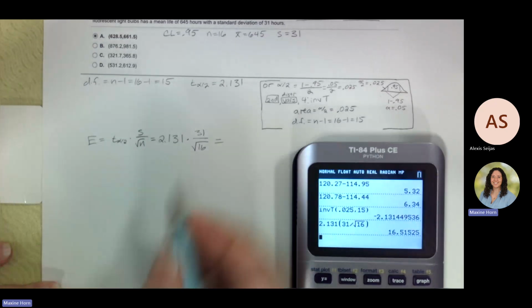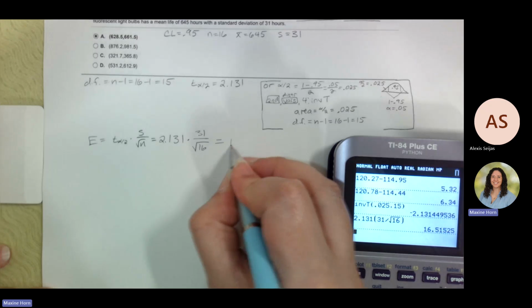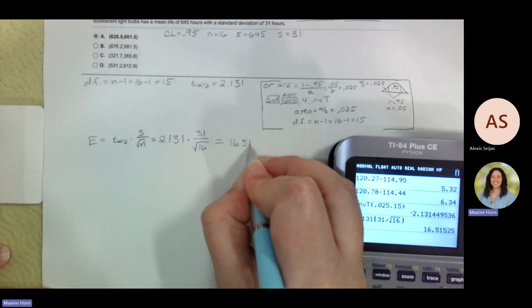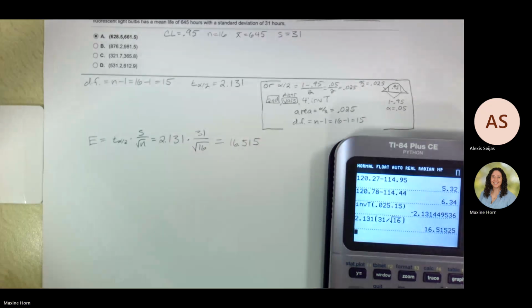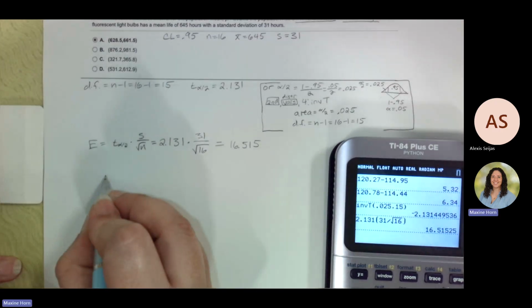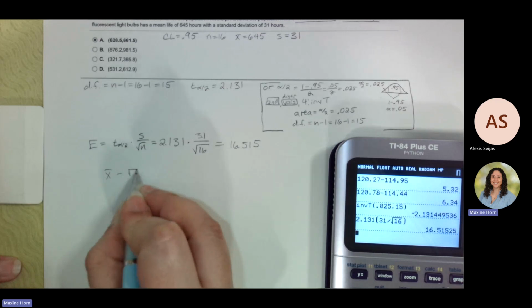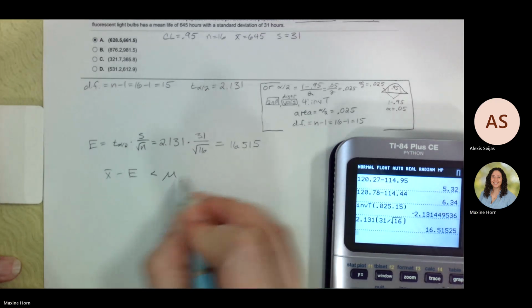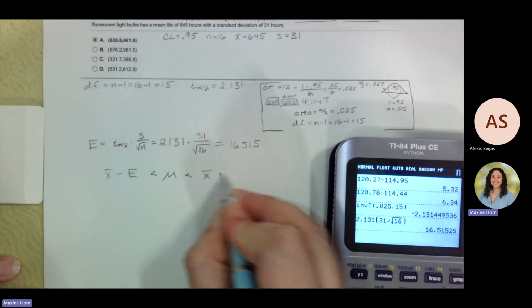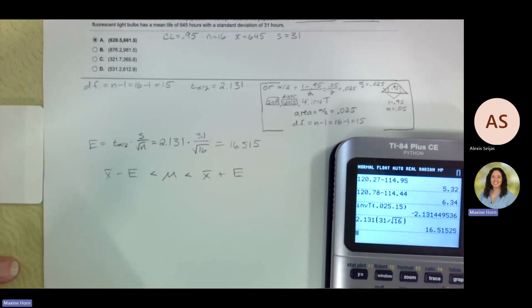So we're getting a margin of error of 16.515. We're going to take this and subtract it from the sample mean, and we're going to add it to the sample mean.